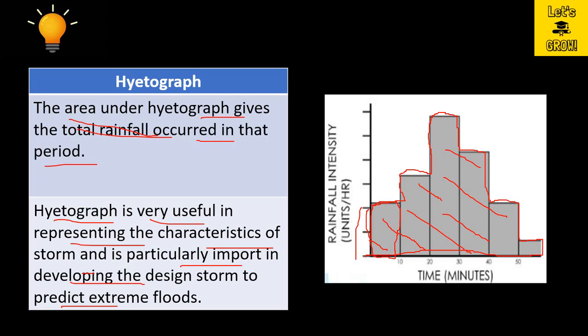We need to import the hyetograph, that is, for what particular event we are simulating our storm water network. Then we can see the reaction of the storm water network for the given input, whether it is overflowing or not.